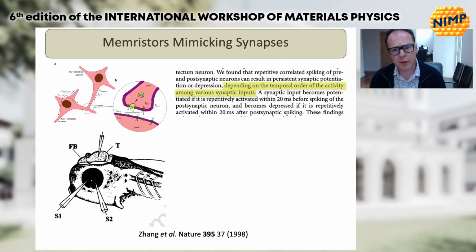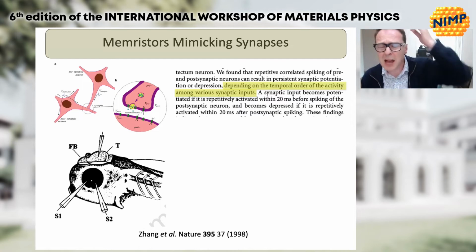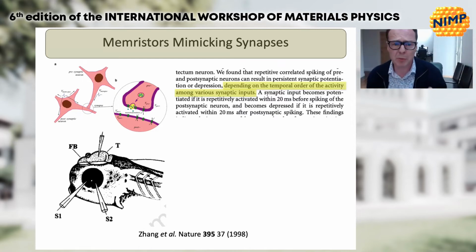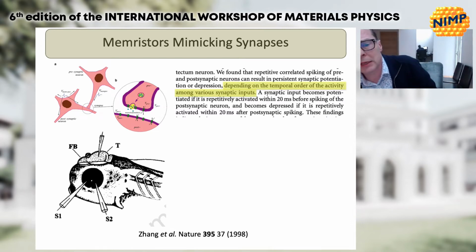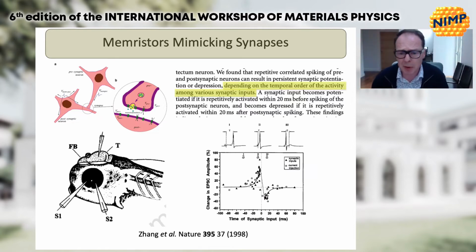Okay, more things. Depending on the time difference between the voltage pulses applied to the two neurons, you can either build up the connection strength or reduce the connection strength across the synapse. This is called spike timing dependent plasticity, and this is typical of what you see for this phenomenon.